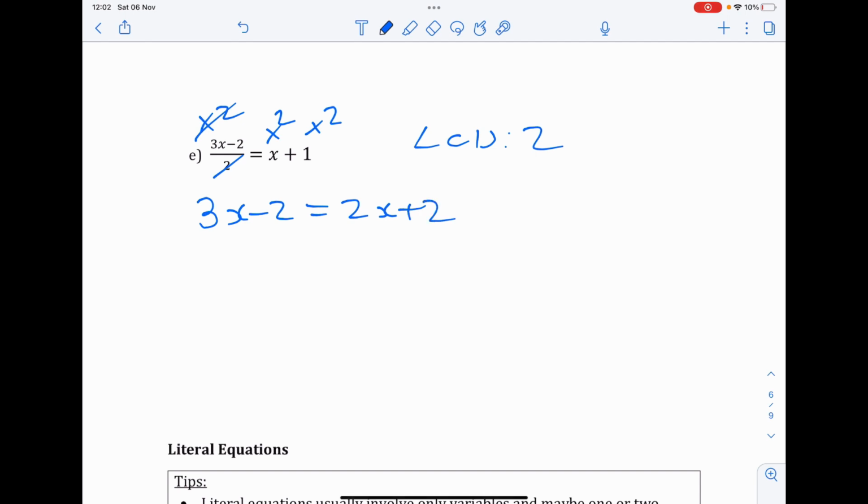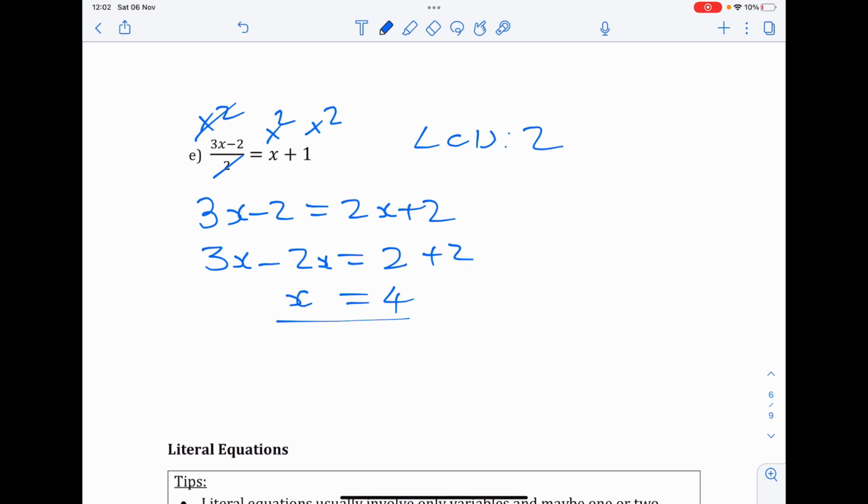As you can see, what we keep doing in these questions is getting rid of the fractions by multiplying by the LCD, because you want to get everything on the same level so we can solve it. So 3x minus 2x equals 2 plus 2, that's 4. x is equal to 4.